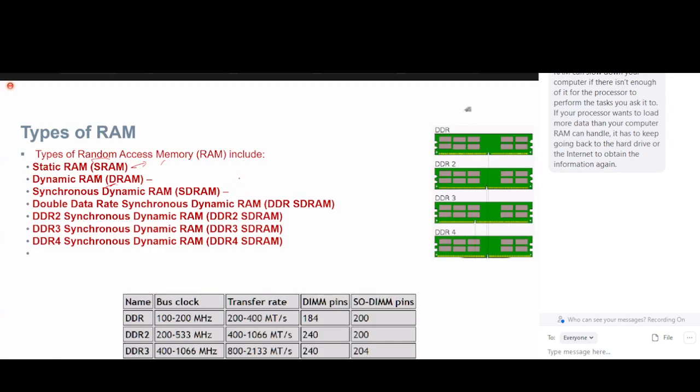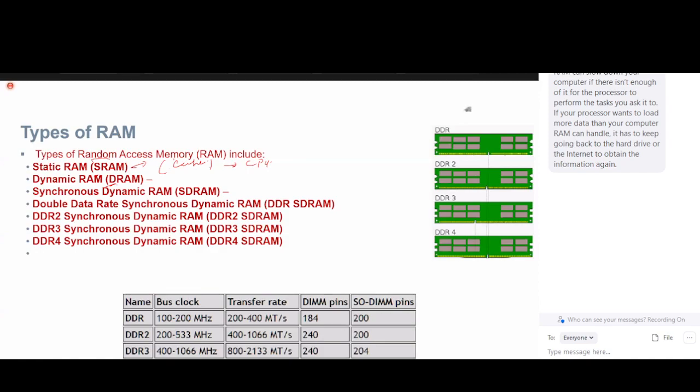So DRAM is basically slower as compared to static RAM, and cheaper as compared to static RAM, right? The advantage, as it is cheaper, is that it can be built in bigger cell sizes. But it requires a frequent refresh cycle because the technology used to fabricate it is different from the technology used to fabricate static RAM, which uses solid state devices like transistors and diodes.